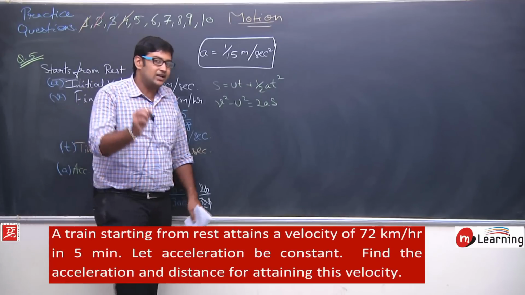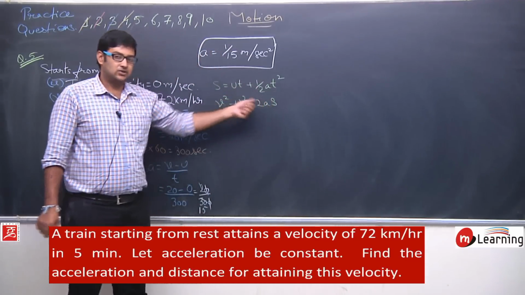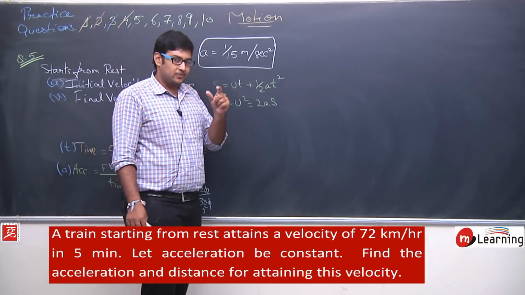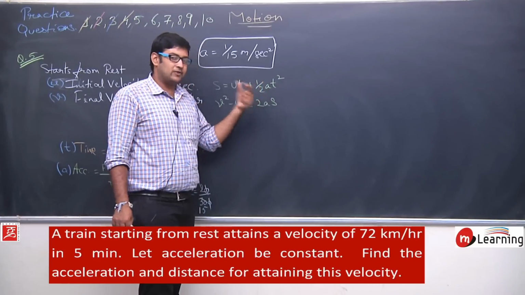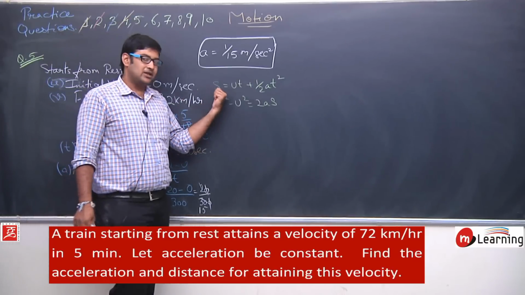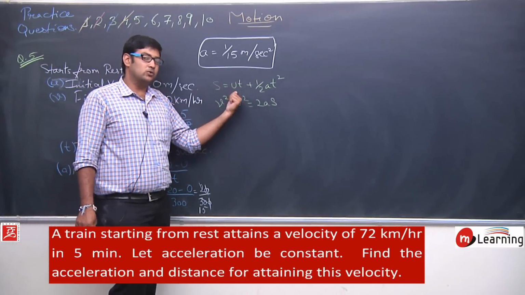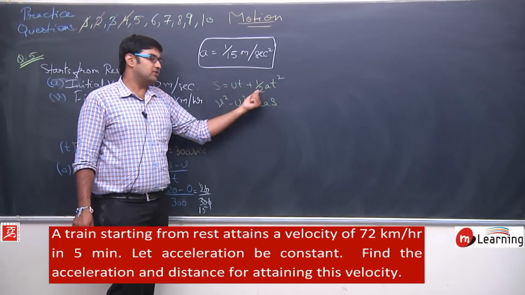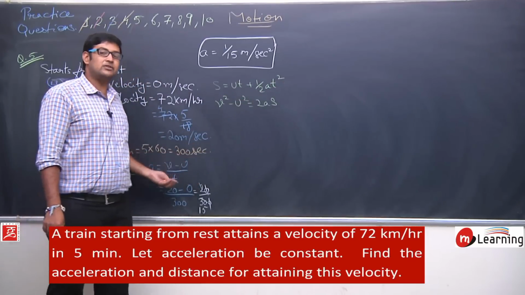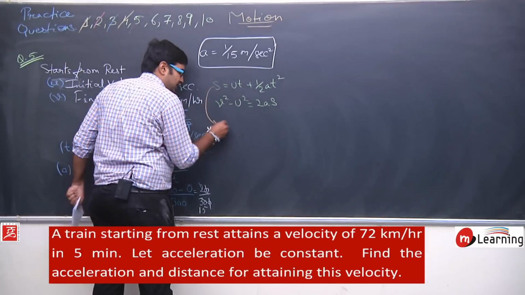I will consider that equation whose parameters are all given in my question. You can see if I consider s is equal to ut plus half at square, do I have the value of u? Do I have the value of t? Or do I have the value of a and t square? Yes, I have the values available with me. So I can consider this second equation.